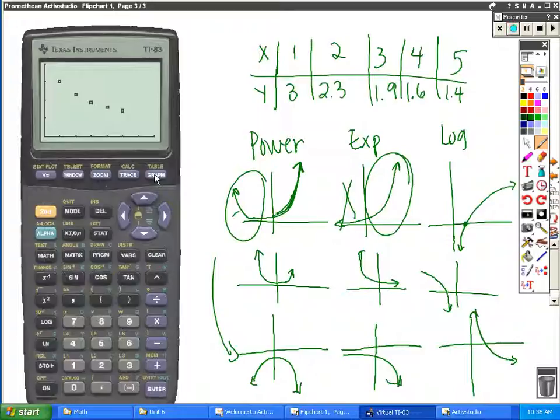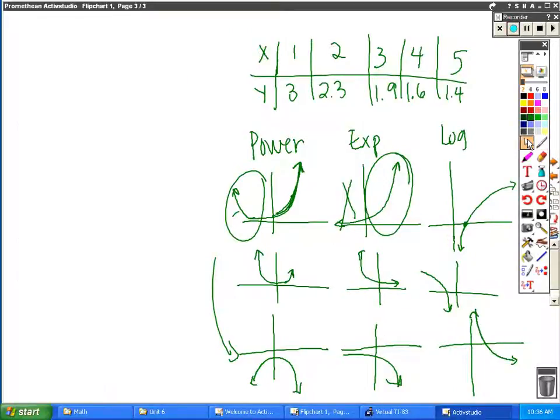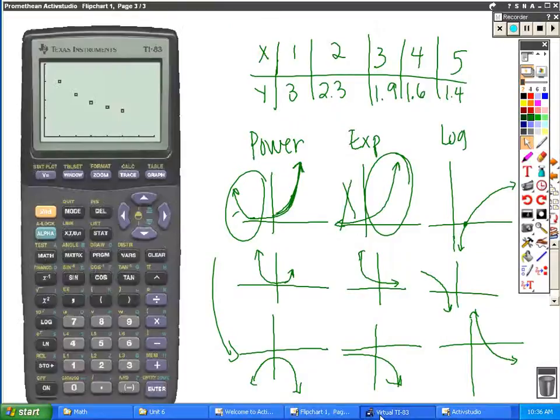Alright, so that doesn't look like my original power function. It doesn't look like my original exponential function. It doesn't look like my original logarithmic function. So then I go back and I look. That isn't a power function reflected across the y-axis. It isn't a reflection across the x-axis. So now let's go to exponential.